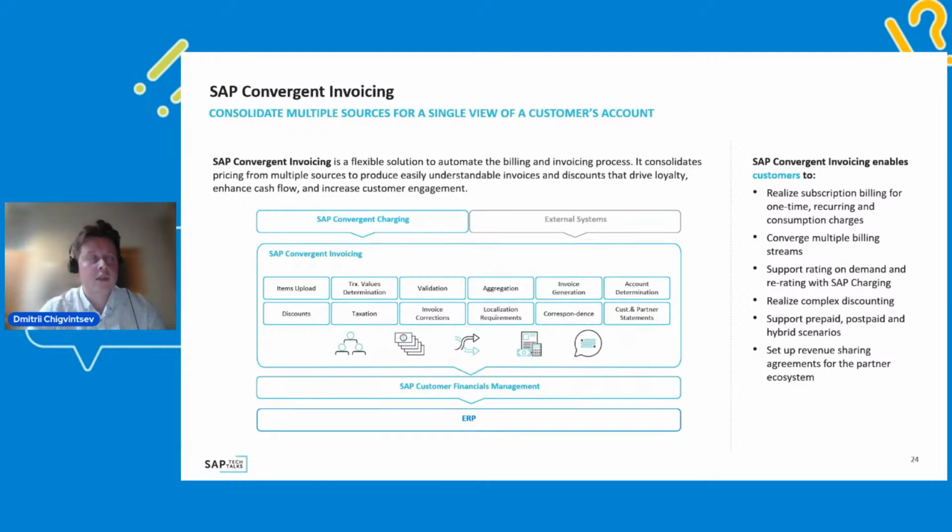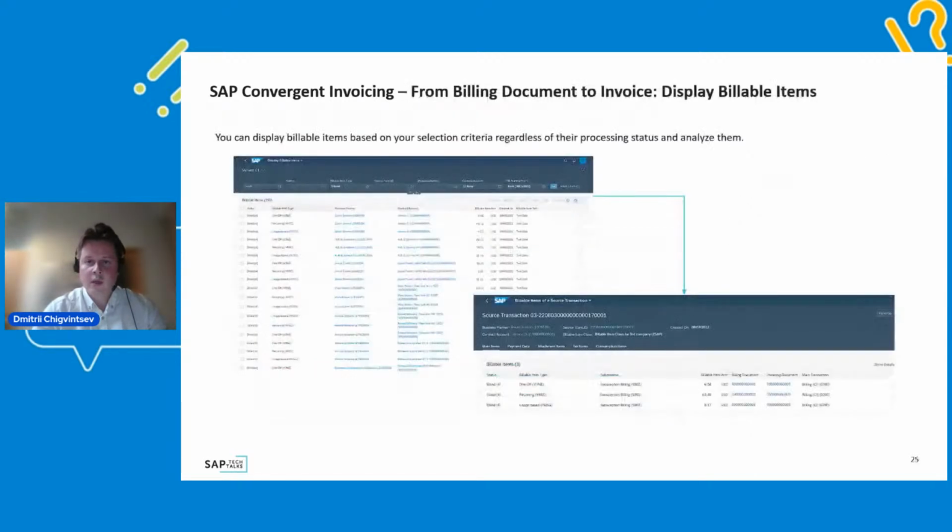So in other words, convergent invoicing is like the intermediate stage between the pure sales processes relevant for subscription billing, and the pure accounting processes relevant for FICA and the FI modules. So it's some kind of intermediate stage between two different processes.